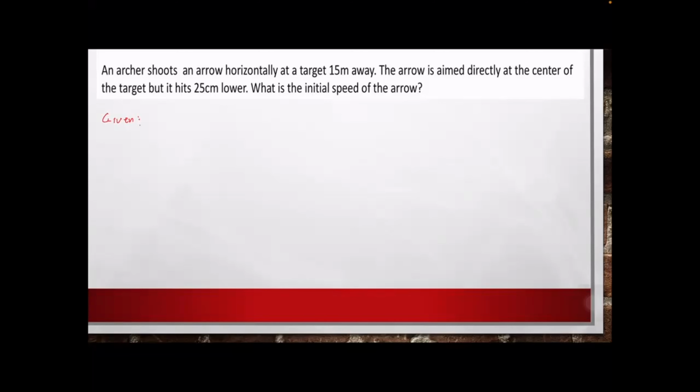Now, ano yung dx natin dito? Anyone? 15 meter po. Okay, so we will have 15 meter as your dx. Ito siya, the target. Then after that, what will be your 25 centimeter?